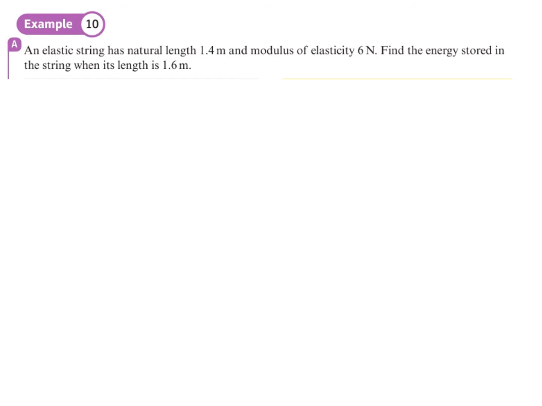We've got a natural length of 1.4 meters, so that's our L equals 1.4 meters. Modulus of elasticity, so that's a lambda, equals 6 newtons. And its length is 1.6 meters. That means that the extension is therefore going to be 0.2 meters.